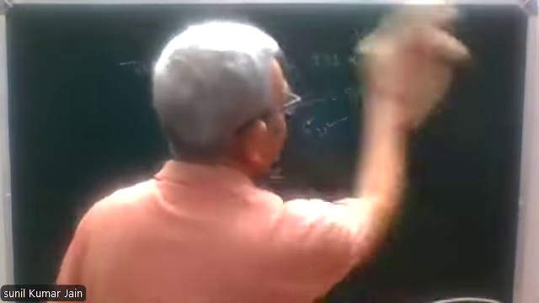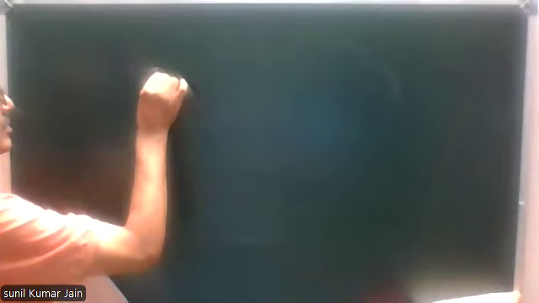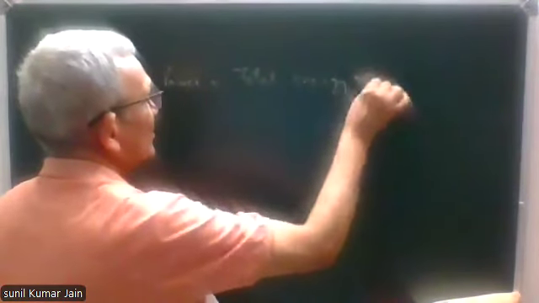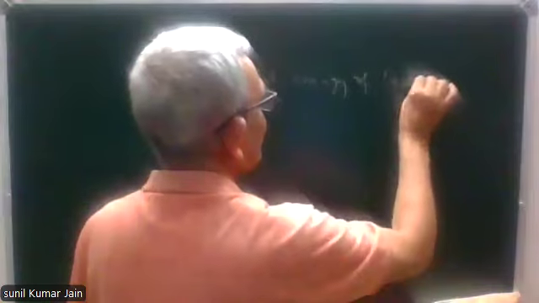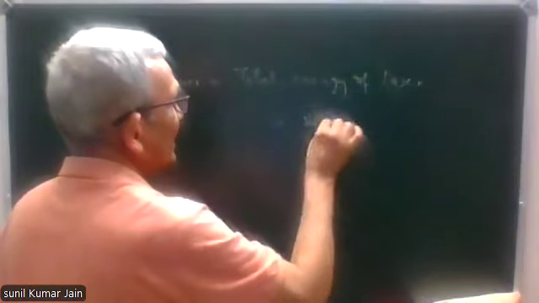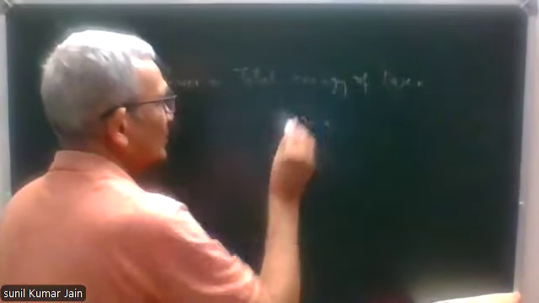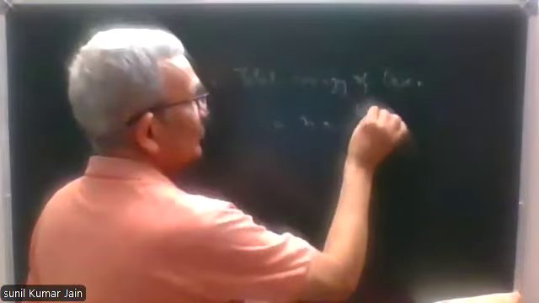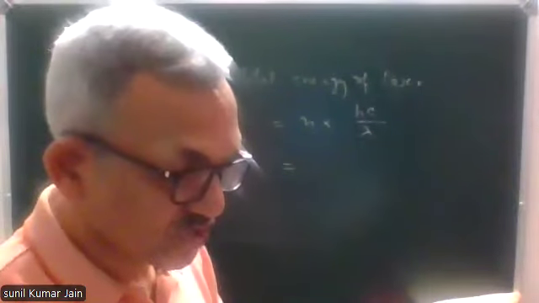So it will be power is equal to total energy of the laser. And this will be N into, we are given wavelength, N into hc by lambda. N is the number of photons emitted.